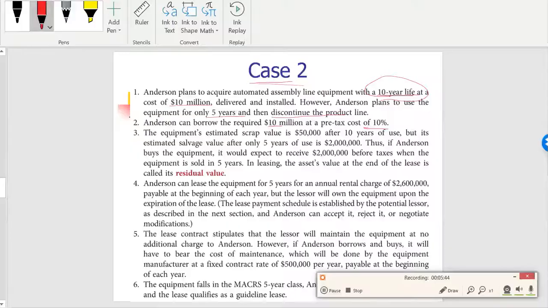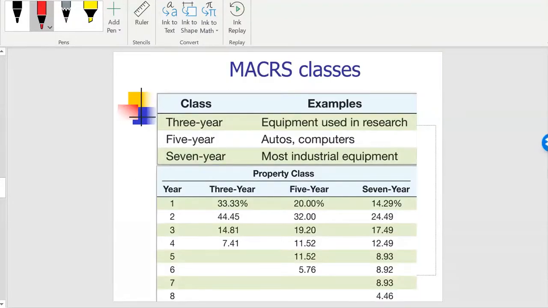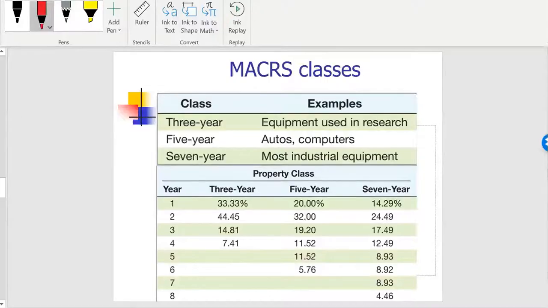How much is our depreciation? The equipment falls in MACRS 5 years class. So what is MACRS? MACRS is a modified accelerated cost recovery system that divides each asset into different classes.